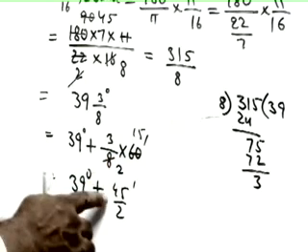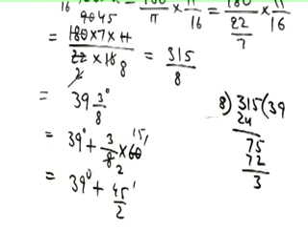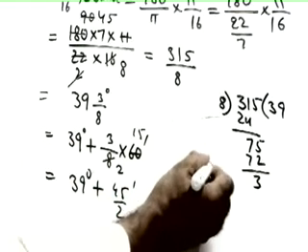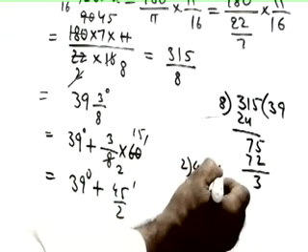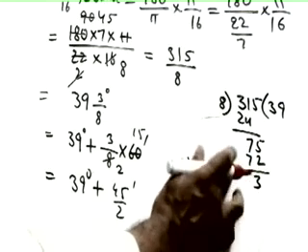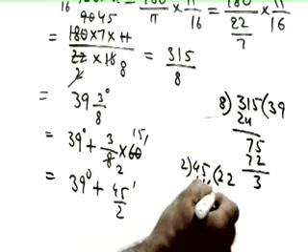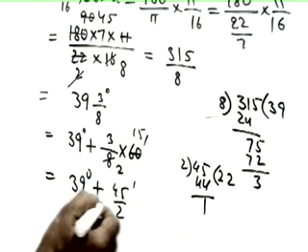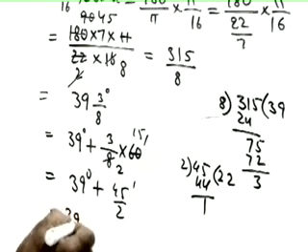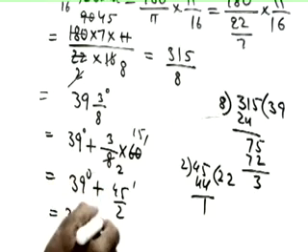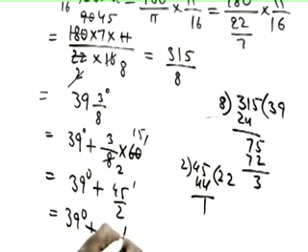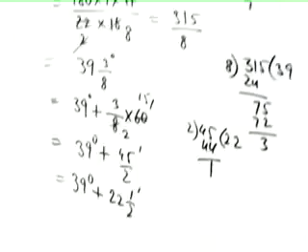This is nothing but minutes. So again we have to change this into a mixed fraction. 45 divided by 2, 22s are 44, we are left with 1. So 39 degrees plus this can be written as 22.5 minutes.